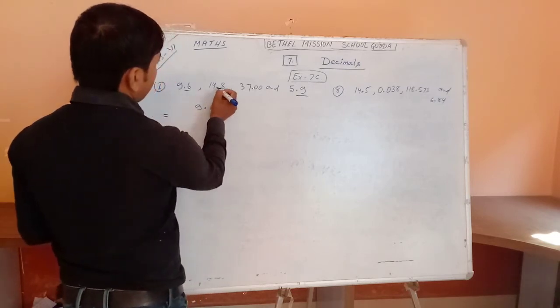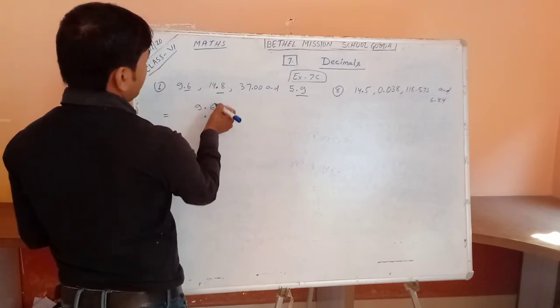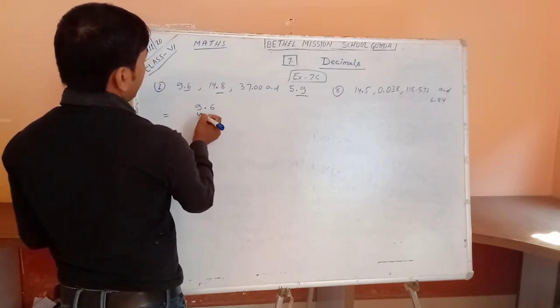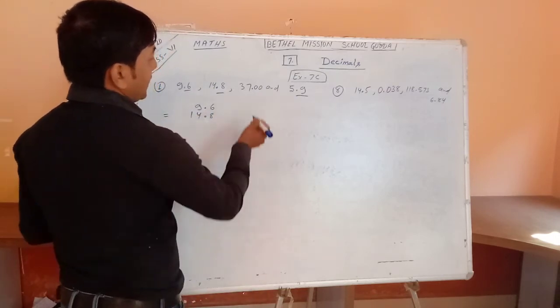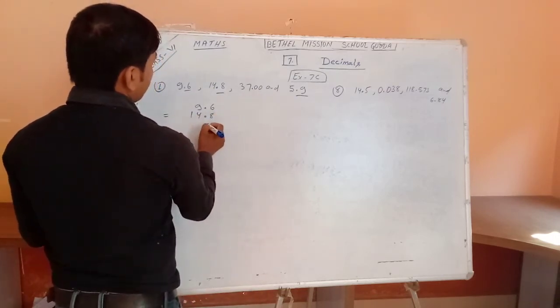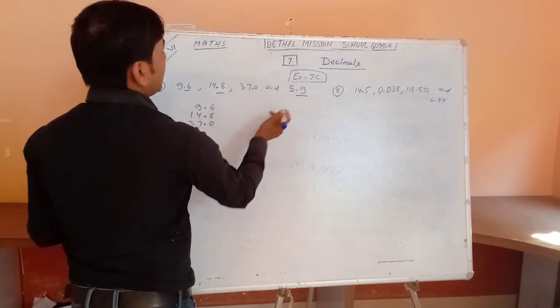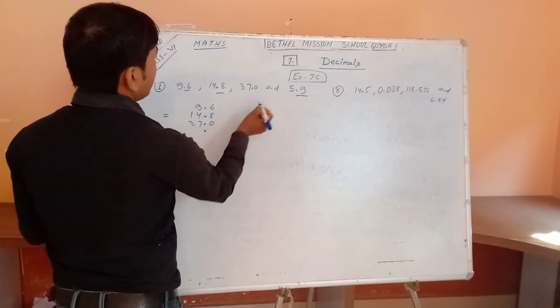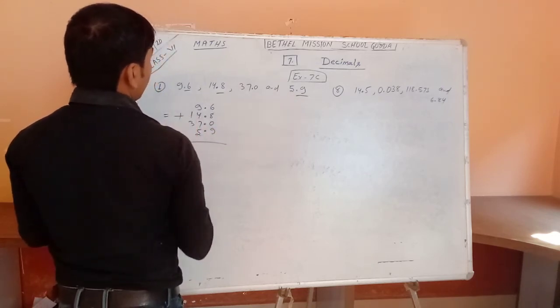Here the decimal should be in the same place. So first put the decimal, then 4, and before it 1, and at last 8. And 37, it means 37 and 0 you can put, and here 5.9, point, then 5 and then 9. In this form you can add this.